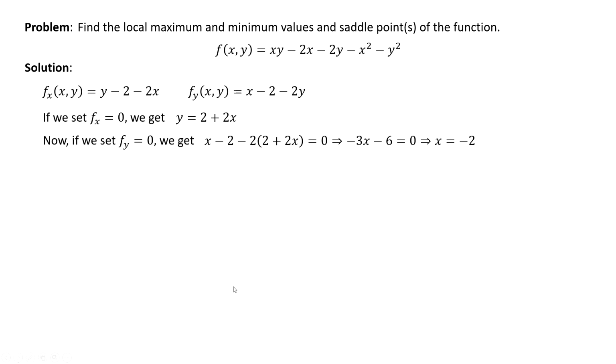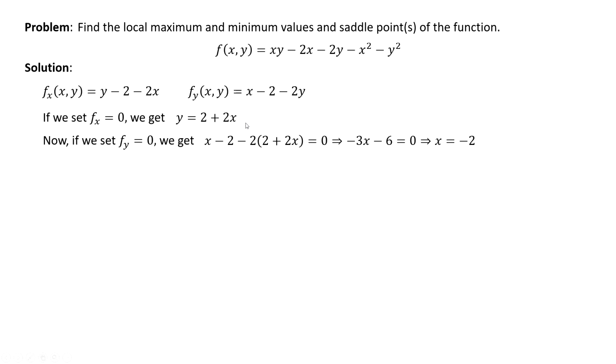Okay. And similarly, if we set partial f with respect to y equal to 0, we get x minus 2 minus 2y equal to 0. But then, notice what I did here. Partial f with respect to x is 0 along this entire line.